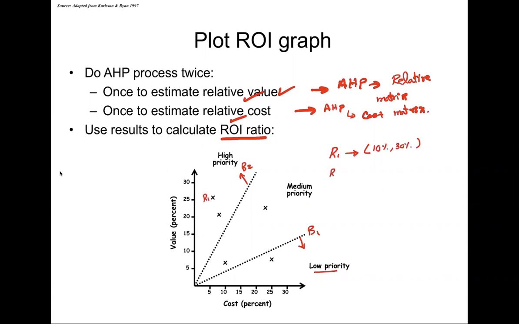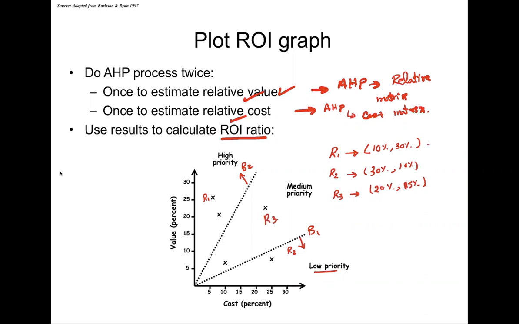And then requirement 2 has a cost of 30% and a value of 10%. So if my boundary is 10%, requirement 2 should be here. And then requirement 3 has a cost of 20% and a value of maybe 15%, so requirement 3 should be here.